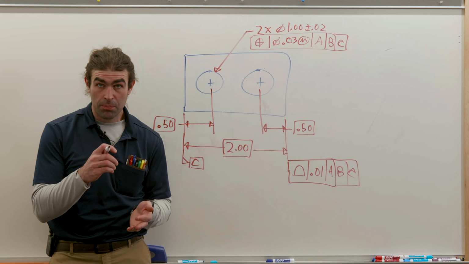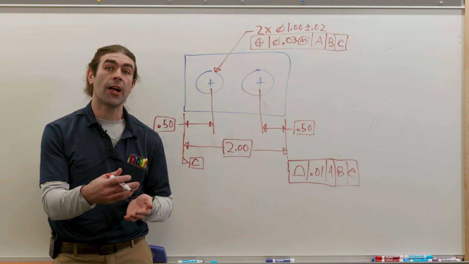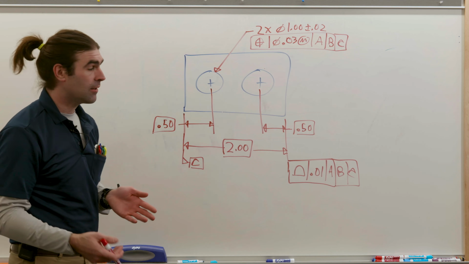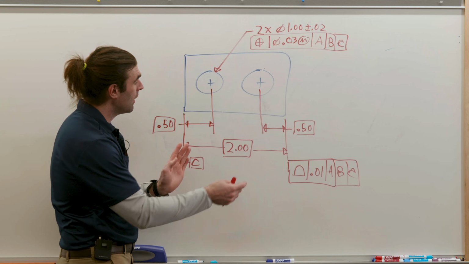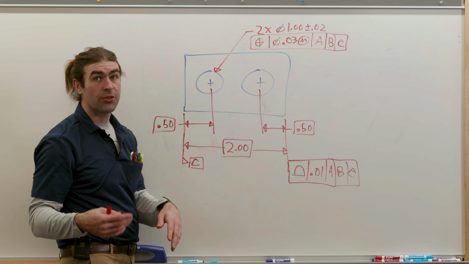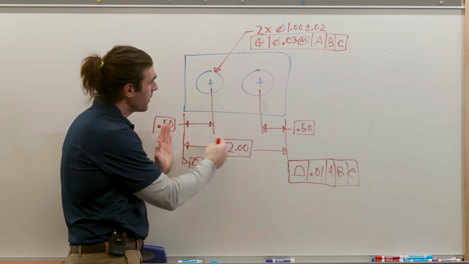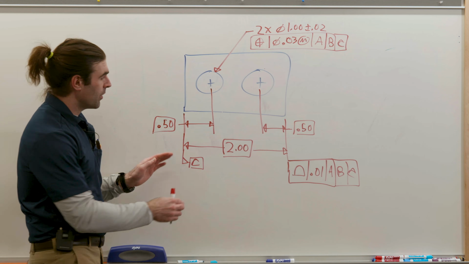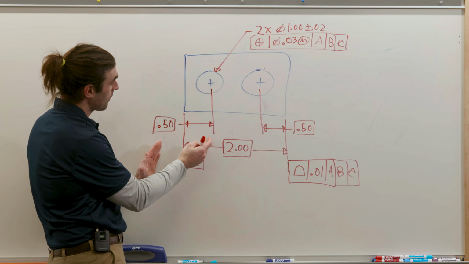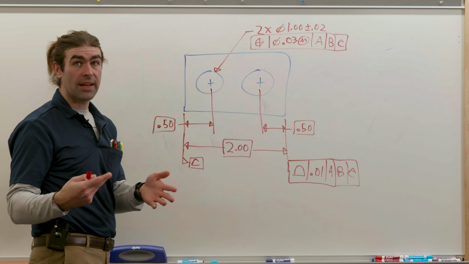Now, since basic dimensions are theoretically perfect, they don't count in a tolerance stack up. So they can be written differently than plus or minus dimensions. So if you did a plus or minus dimension like this, you could have a lot of stack up. With basic dimensions, as long as they connect together, you can interpret them. You can interpret the distance from the centers of the holes as 1 inch.